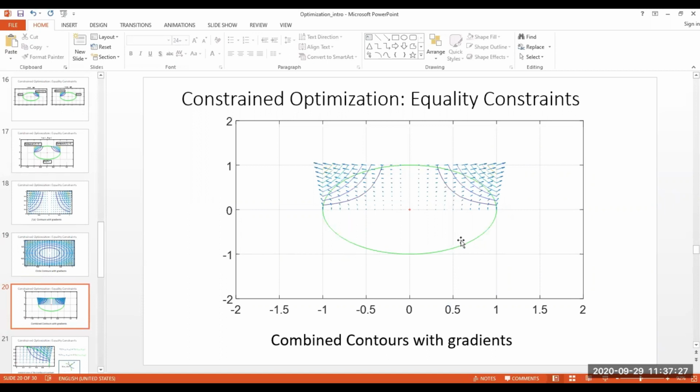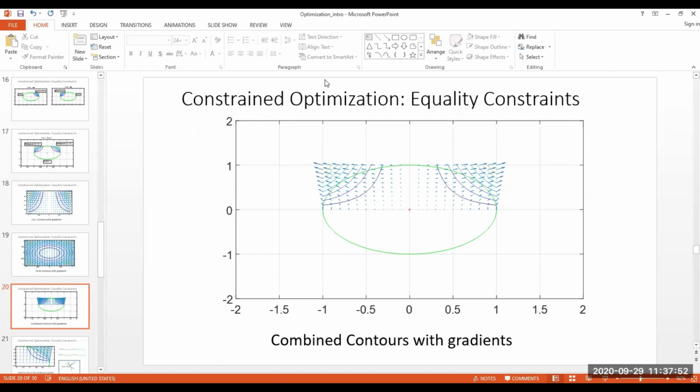Now I have to check, condition number 1, the gradient. I have to calculate the gradient for my fitness function, and also the gradient for my circle. And also I have to satisfy the equality constraint. That means my control line should touch the circle.